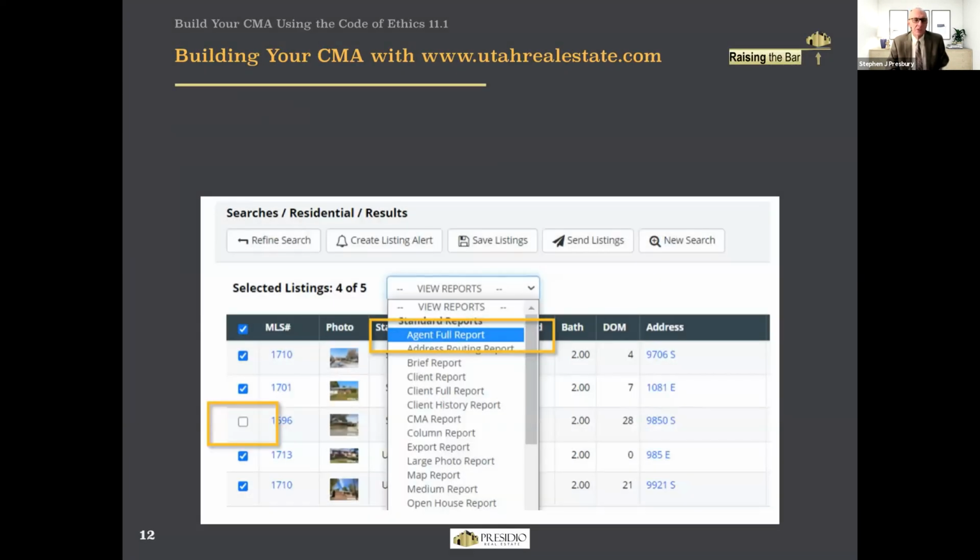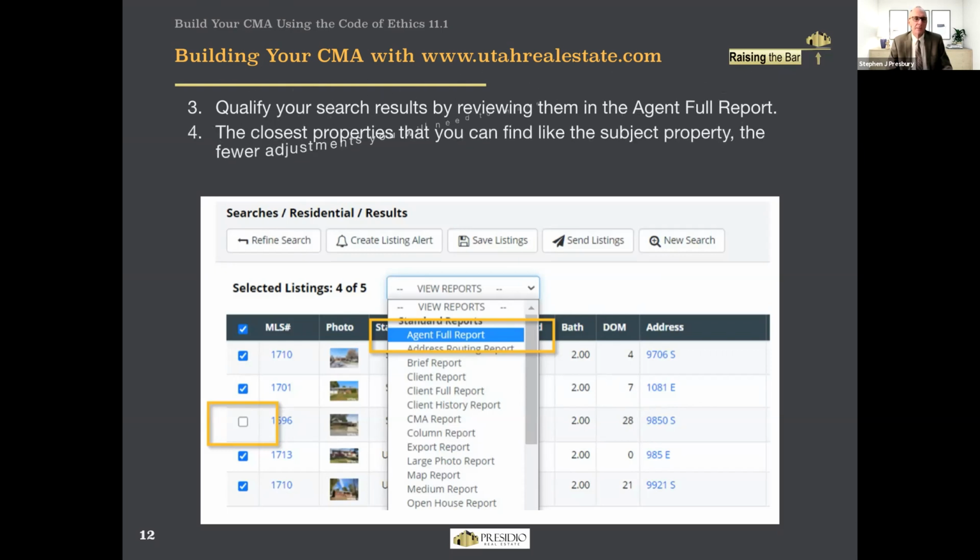And then when you see these properties pop up, you'll want to choose the ones you want and then select the agent full report in that little drop down there. And basically you'll be able to use those for your comparative analysis.